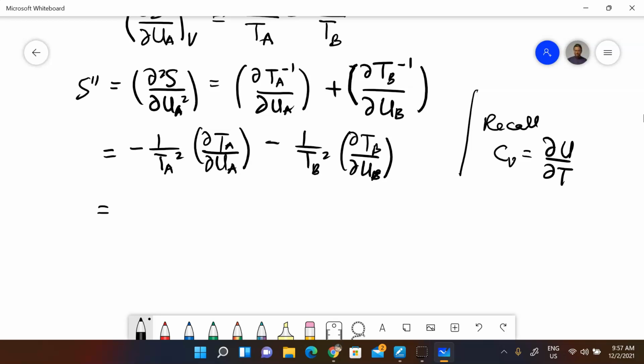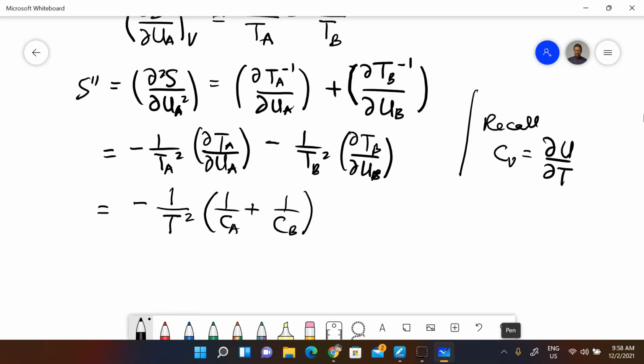There's a few steps in between, I suppose. There will be a common temperature when it reaches the equilibrium state, and this dT over dU is 1 over CA, and this one is 1 over CB.